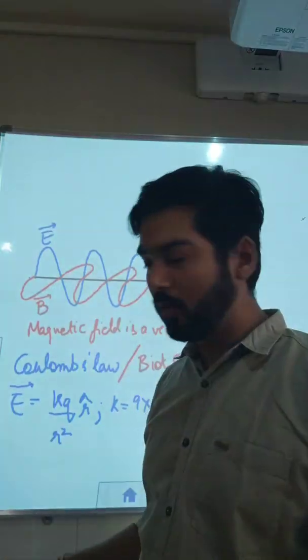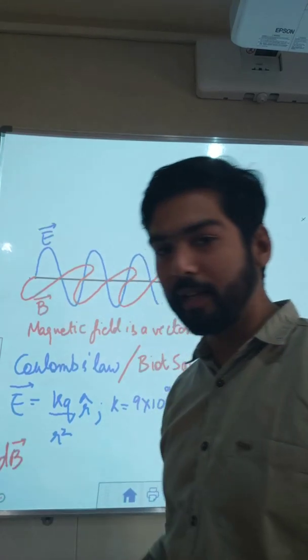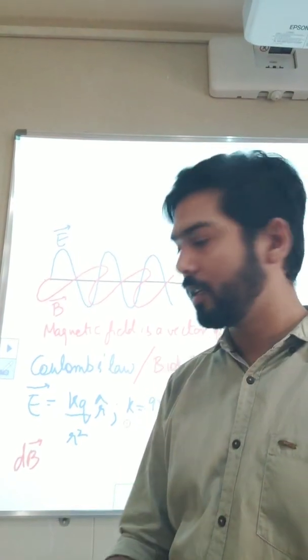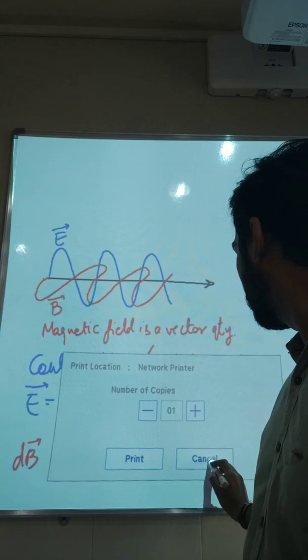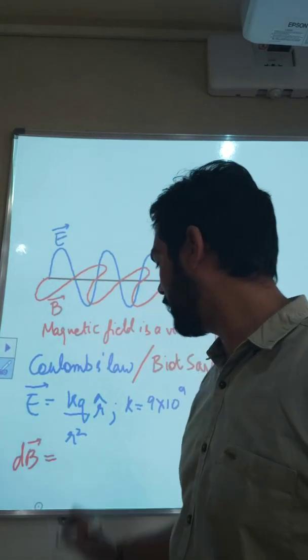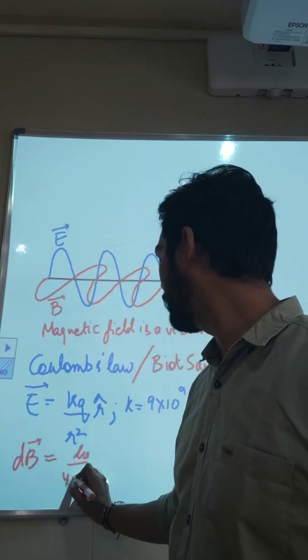What that law actually looks like is that magnetic field, or I should rather say dB, and by dB I mean small magnetic field, dB is equal to mu naught divided by 4 pi.